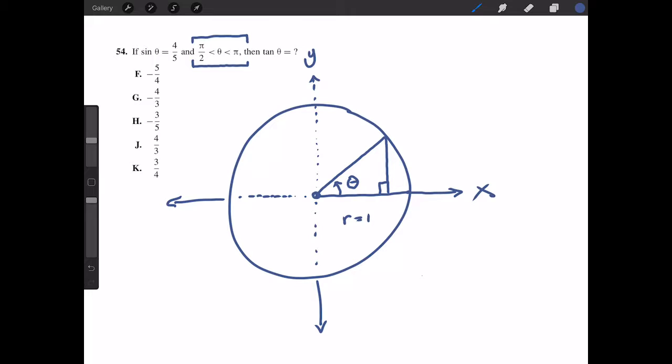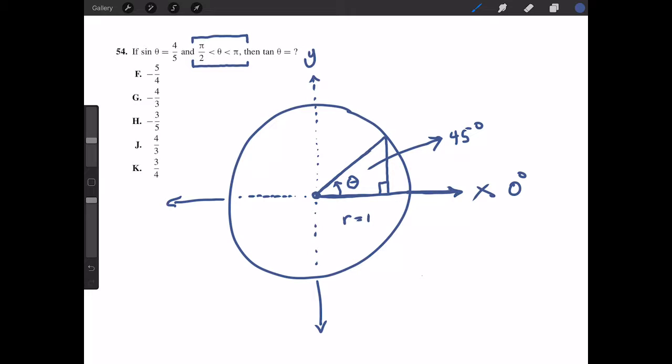If it's laying flat against the x-axis, you're going to have a 0-degree angle. If you raise it like I did here, this would be approximately a 45-degree angle. This angle right here, and this drawing is approximately 45 degrees.